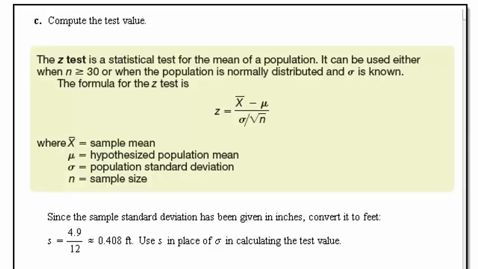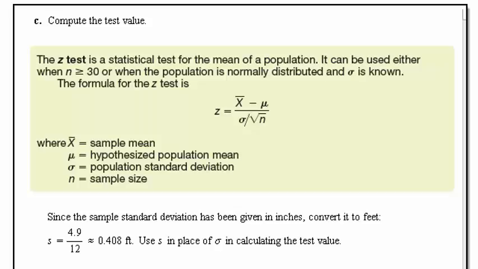Next, we have to compute the test value. We're going to use the z-test, which is a statistical test for the mean of a population. It can be used either when n is greater than 30, where n is the sample size, or when the population is normally distributed and has a population standard deviation that's known.